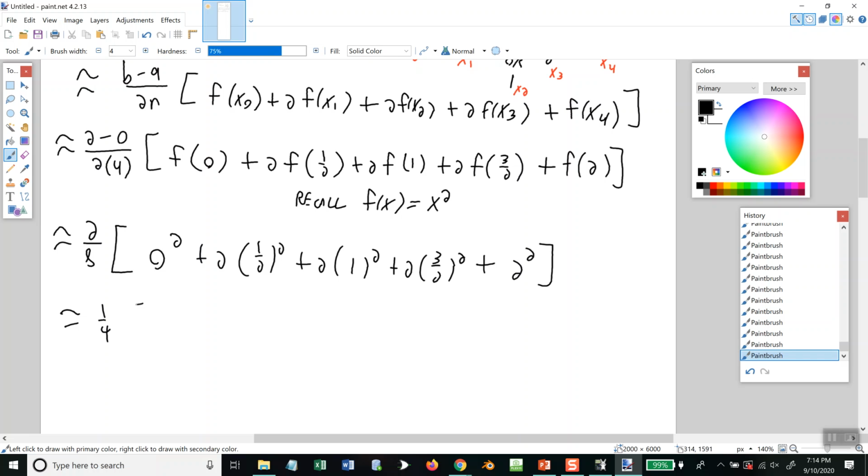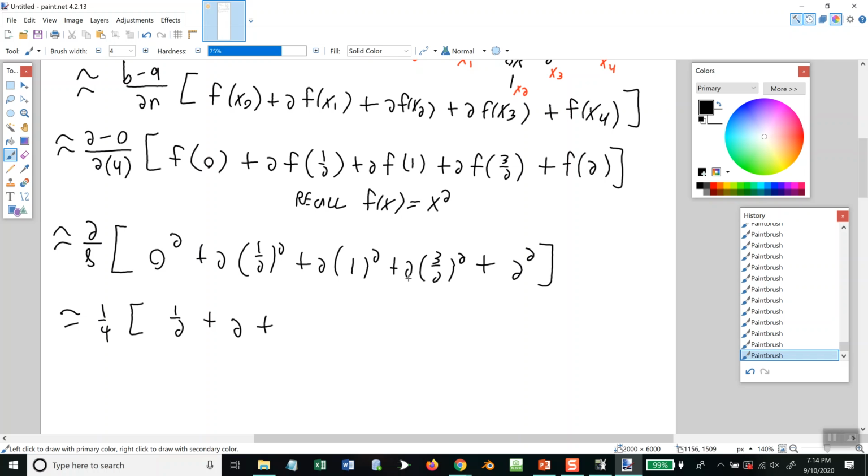So that's 1/4. 0 squared is 0, so that drops away. 1/2 squared is 1/4 times 2, 2/4 or 1/2. That gives me 2.